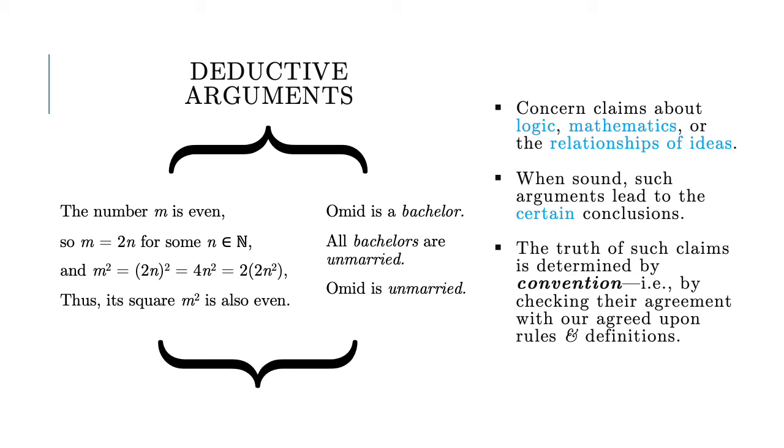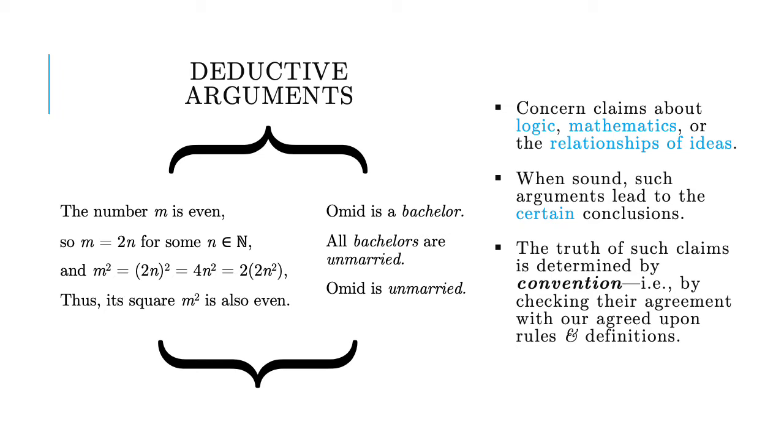In the case of seeing that Omid being a bachelor implies that Omid is unmarried, we have to look at our agreed upon convention about what being a bachelor means and what its relationship to being unmarried is.